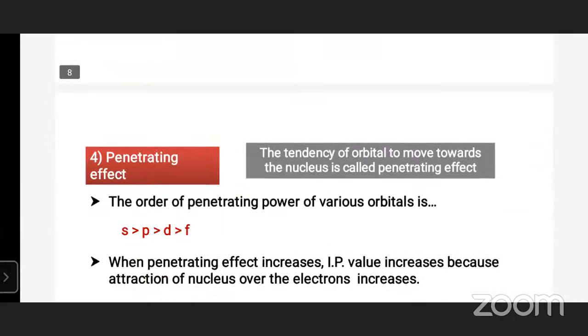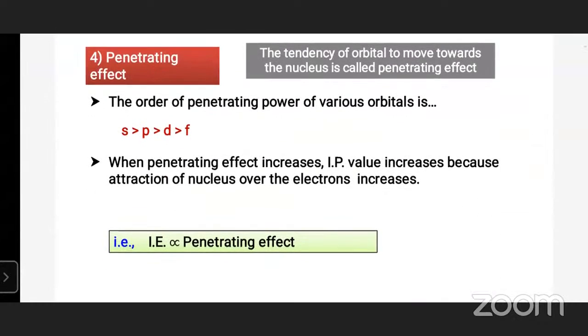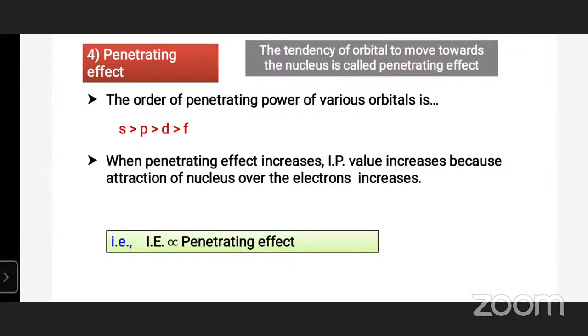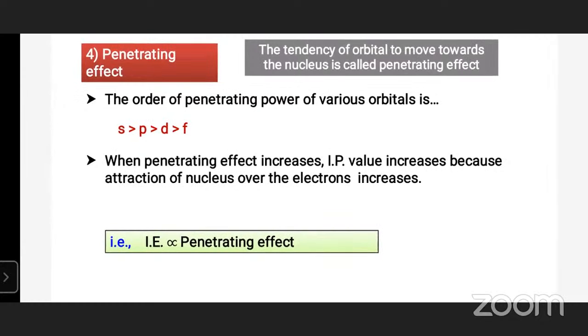Next, the penetrating effect. The tendency of an orbital to move towards the nucleus is called the penetrating effect. The order of penetrating power of orbitals is s greater than p, p greater than d, d greater than f. When the penetrating effect increases, IP value increases because the attraction of the nucleus over the electron increases.